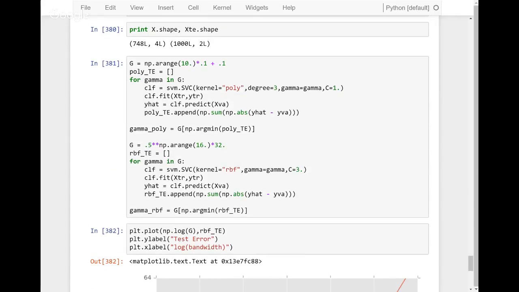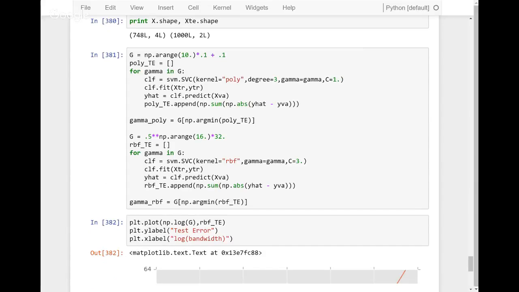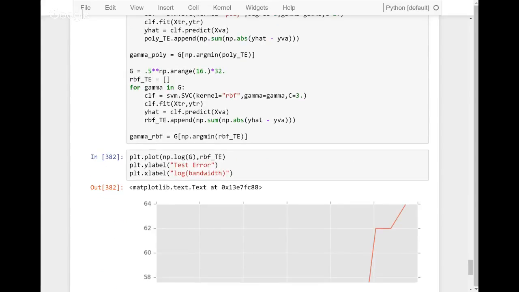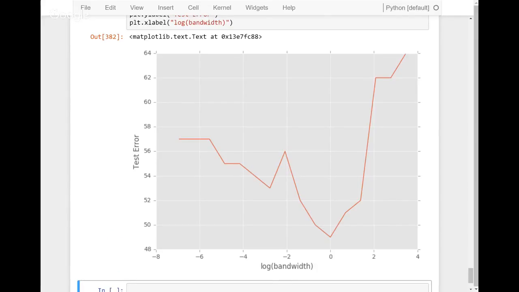What I did in this case is I used the four variables they have, and I used the RBF kernel, this radial basis function kernel, and we're just going to look at that. And then I plotted the test error versus the log of that bandwidth parameter. The test error, and this is the typical thing that we see, is that there's some bandwidth that's just right.